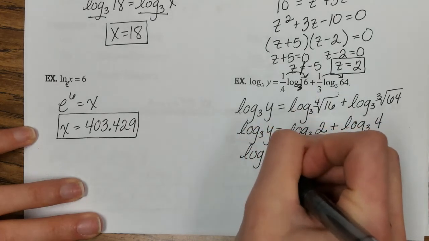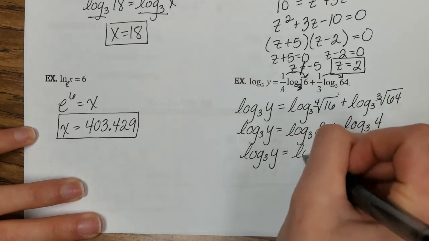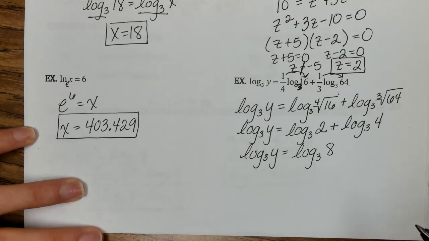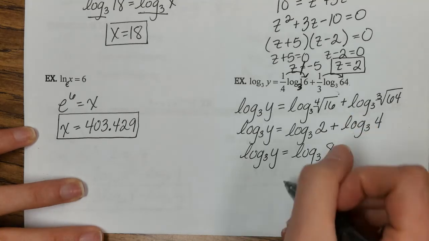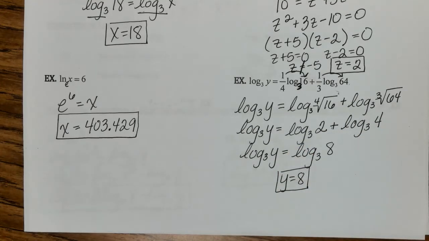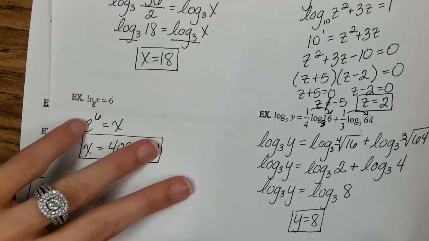I'm multiplying them, so it turns into log base 3 of 8. 2 times 4 is going to give me that 8. So what's my answer? I know that it sounds redundant to show every little thing, but I prefer you to do that so I can follow you in case you make a minor mistake. Okay. You have any questions on that section?